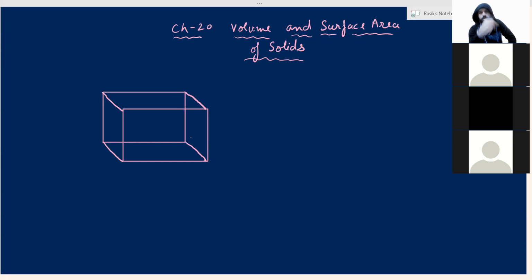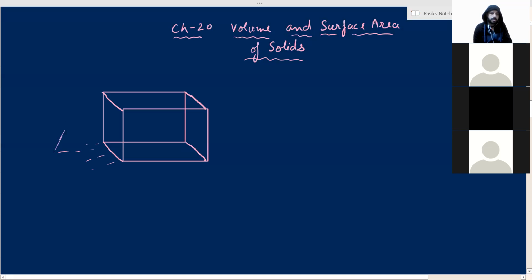For a 3D shape, this cuboid is a 3D shape. 3D objects not only occupy a plane. Suppose this cuboid is kept on a plane surface, suppose on a table.